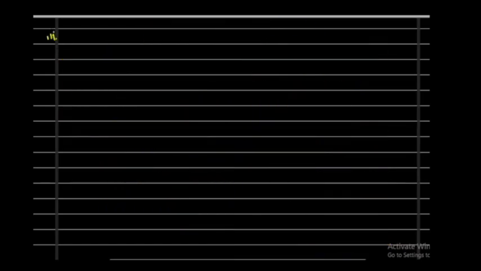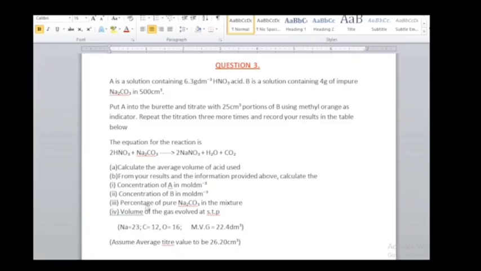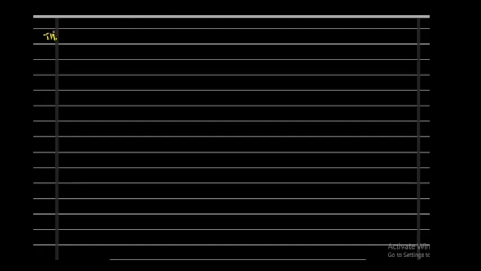Roman numeral 3. There it is asking us to calculate the percentage of pure sodium trioxocarbonate in the mixture. So percentage purity, that's how we go about this. Percentage purity is what we want to calculate of sodium trioxocarbonate in mixture.